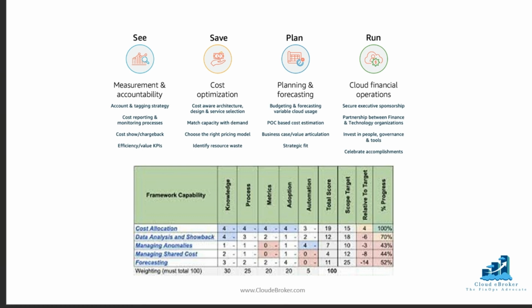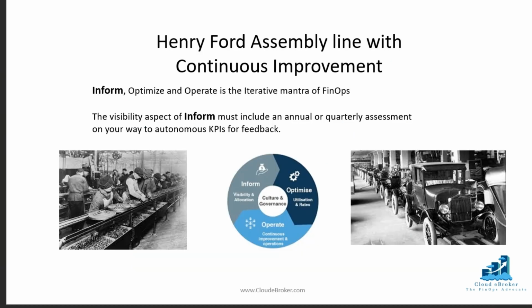So as you'll see in this video, you'll have a number of different options in setting up your assessment process. But essentially, it comes down to measuring, monitoring, operating, and iterating. FinOps is no different than any of the other cloud disciplines in that it is iterative.